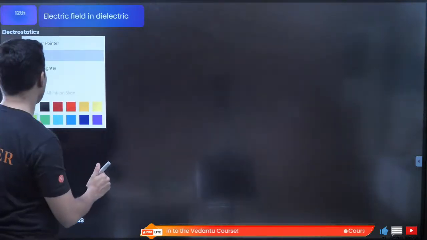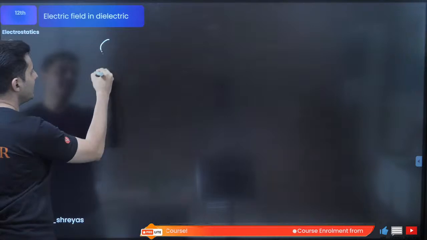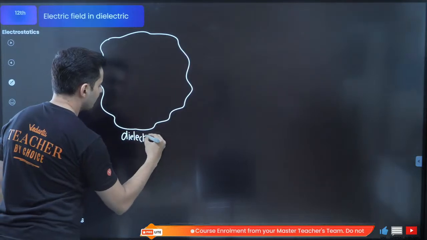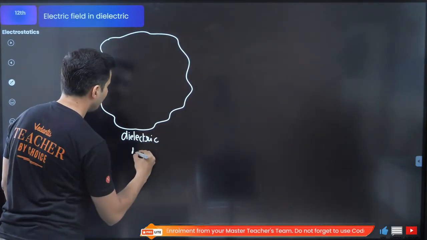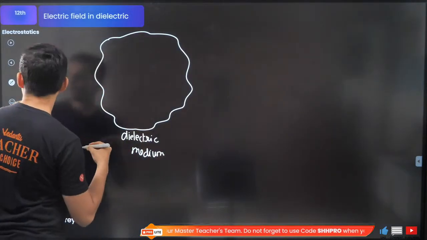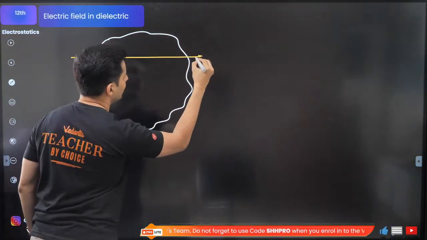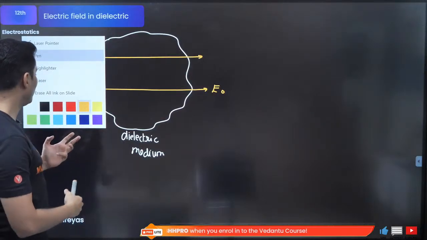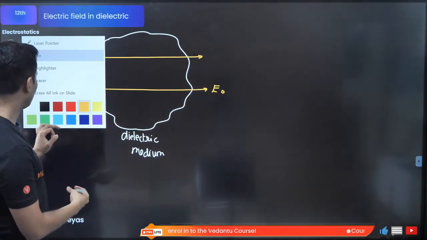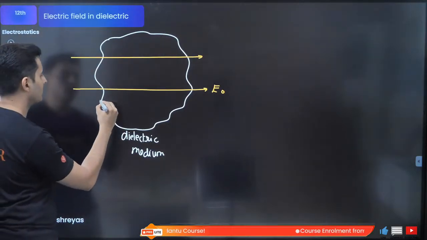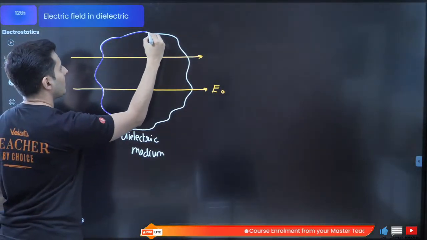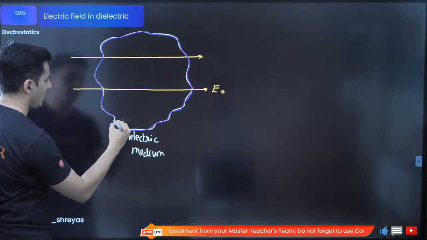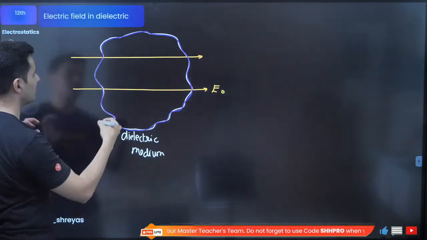So if you have a dielectric medium, that means a medium where you can create poles, and you pass some external electric field, immediately you are going to notice polarities over here. Maybe I can show it in some different color. Maybe I should have shown this conductor in a different color so that we are consistent. Okay, beautiful. Great. So you are going to see charge separations happening everywhere.